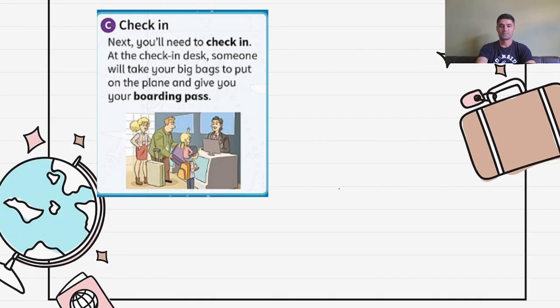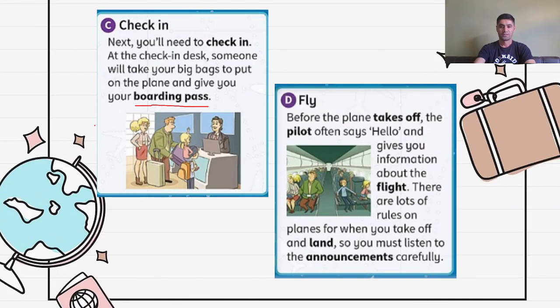Next, we have the next process, which is check-in. At the check-in desk, someone will take your big bags to put on the plane and give you a boarding pass. Boarding pass is that piece of paper that you use to get your luggage once you arrive at your destination. Next process is the flying process.